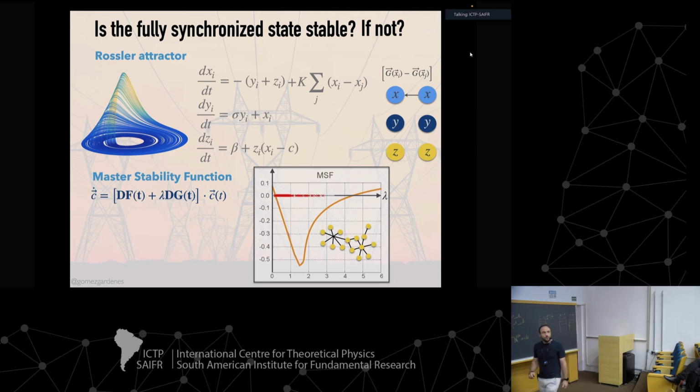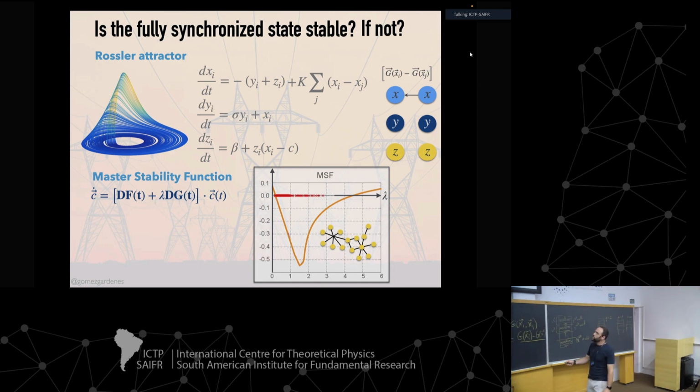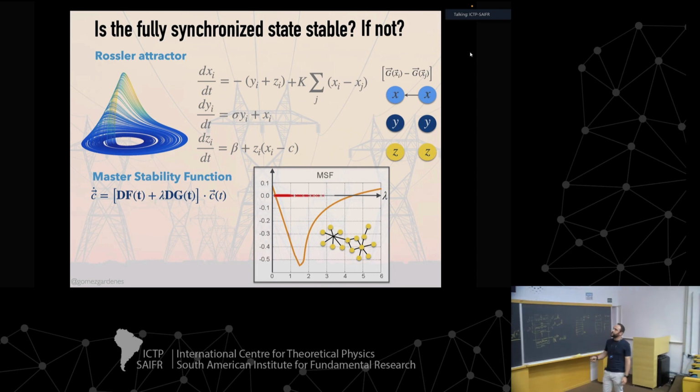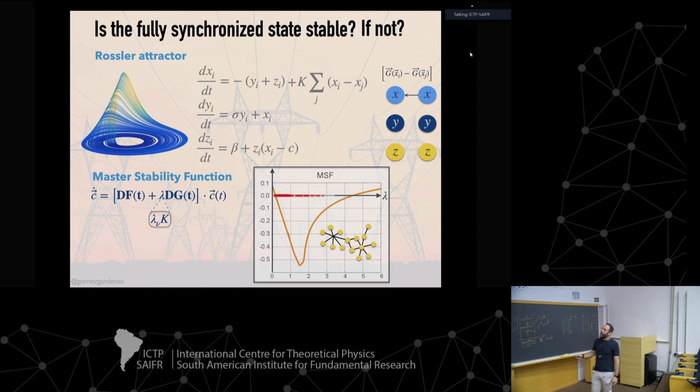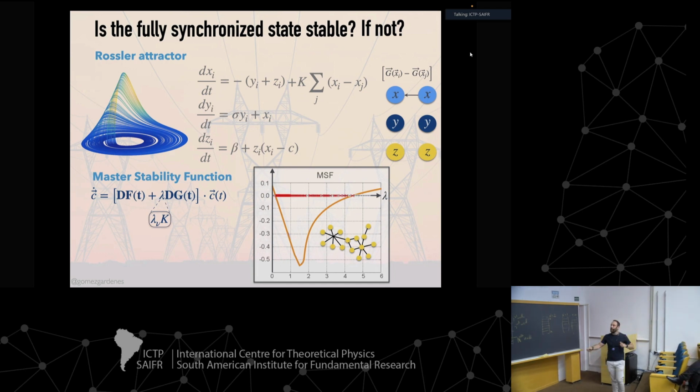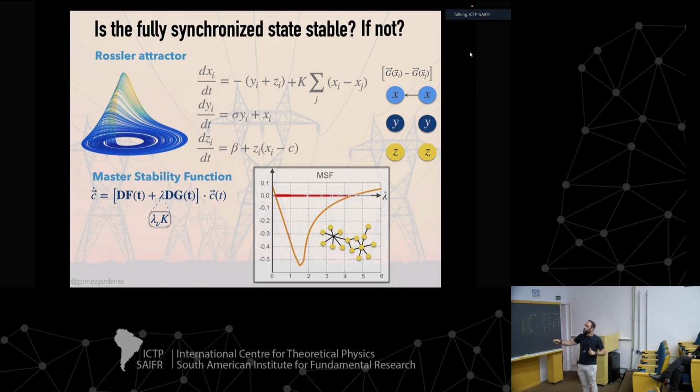What we can do, okay, is to notice that this lambda is actually one eigenvalue times k. So I can increase k, and if I do so, I can control and insert the second eigenvalue of the Laplacian, which is the minimum one, and put it in the correct region.